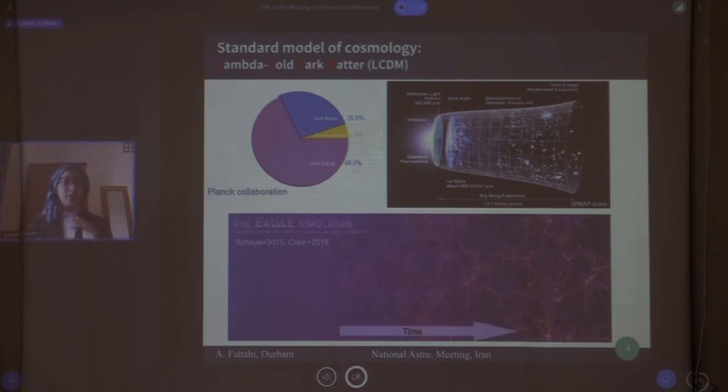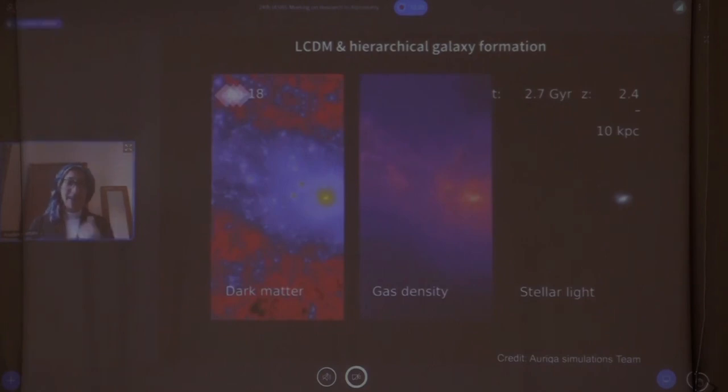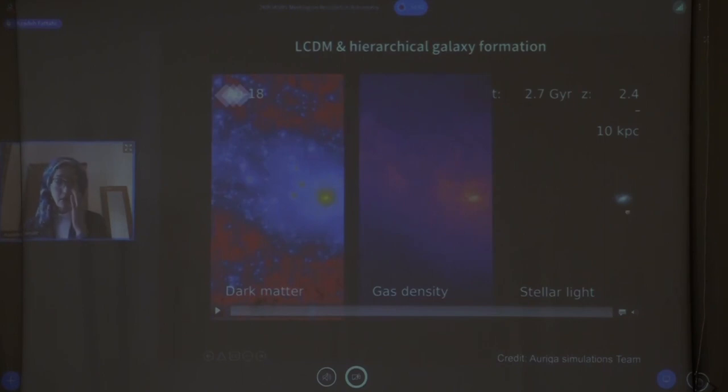Because movies are first of all fun, plus they will easily show what this hierarchical formation means, I'm going to show you a movie. I'm going to press play, but to tell you what you're looking at here, you're going to look at the formation of a galaxy like the Milky Way, or a halo of a Milky Way. You're seeing the dark matter distribution on the left, the gas density in the middle, and the stellar light on the right-hand side.